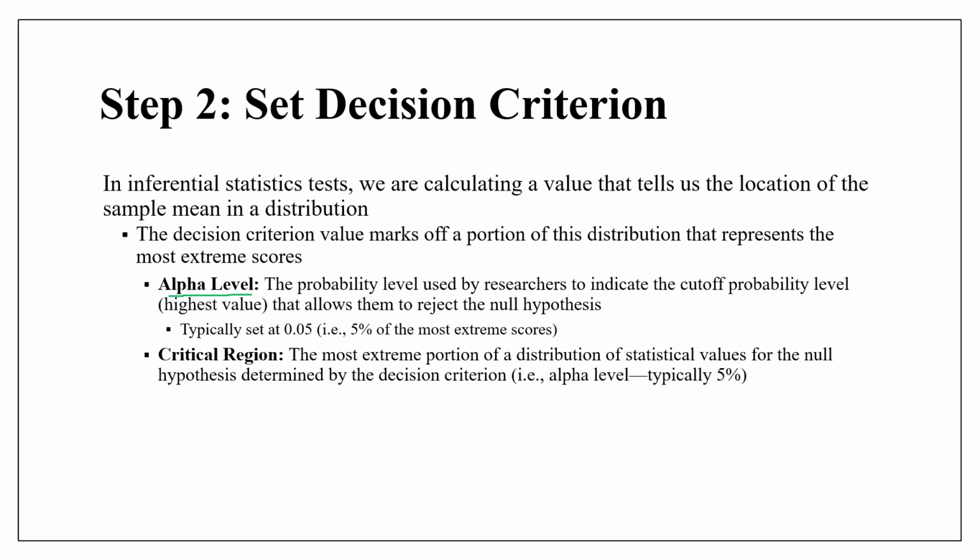And then based on that alpha level, we're going to create the critical region, which is represented by the extreme scores, those areas in the distribution that are considered to be extreme. And depending on whether a score falls in the critical region or not, we're going to either accept or reject the null hypothesis.